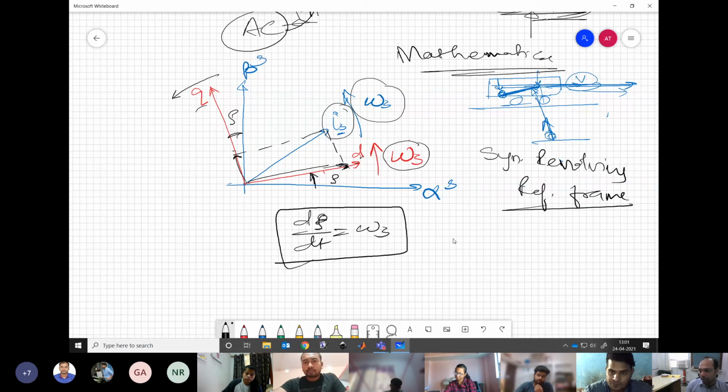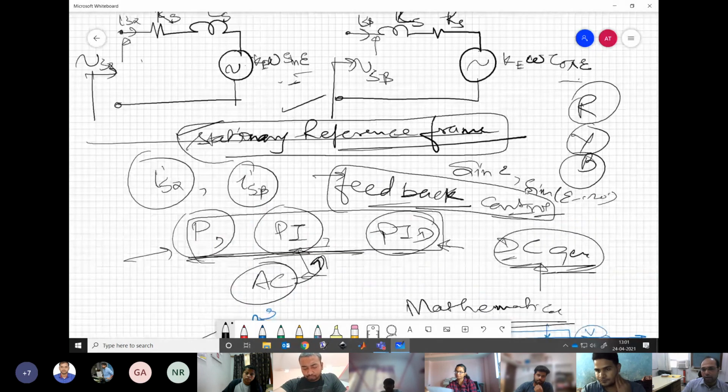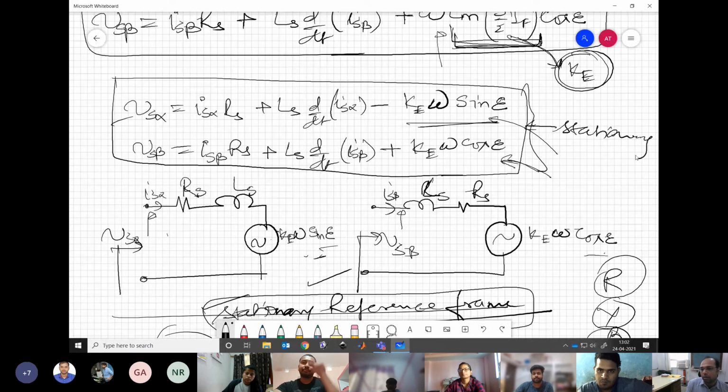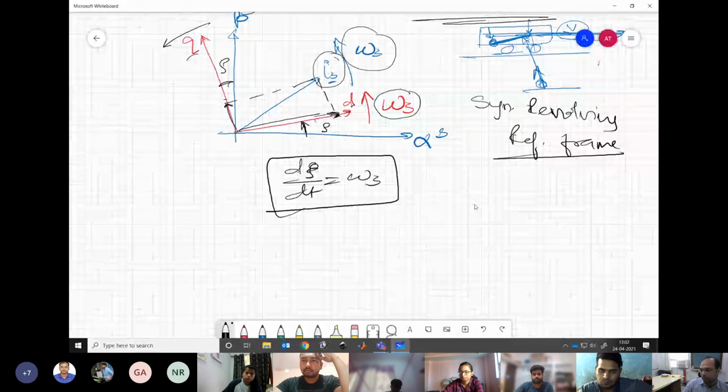So now what our job will be, whatever equation we have defined in the stationary reference frame, this we will have to write into the synchronous reference frame. That will be the simple job. So we have understood how we do the axis transformation or reference frame transformation.